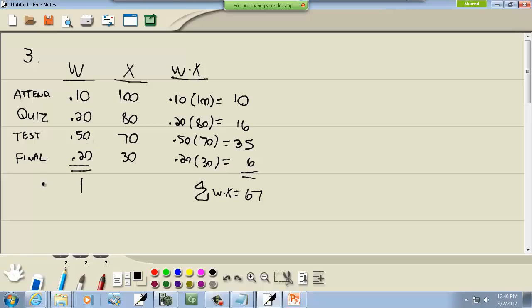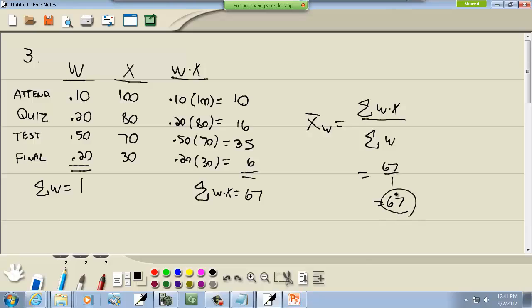So this adds up to 1. Then our weighted mean is going to equal sigma W times X over sigma W. So we got 67 over 1, or 67. So his grade for the course would be 67.